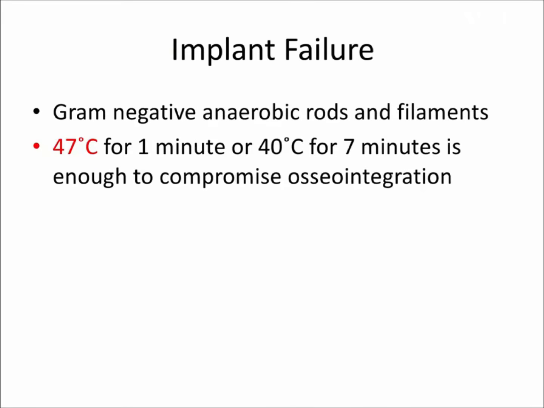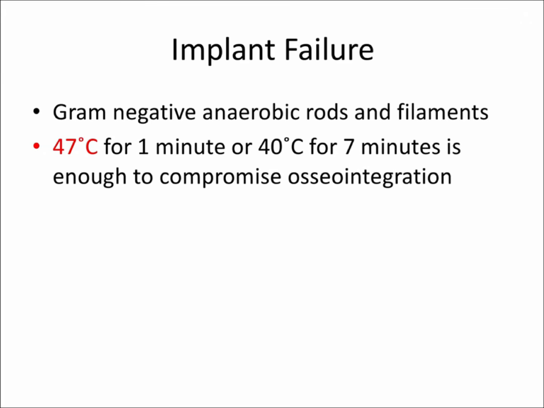So therefore, mobility, pain, radiolucency, and peri-implant bone loss would be all signs of implant failure. Gram-negative anaerobic rods and filaments are often associated with implant failure, peri-implantitis, those sorts of things. And one more important number for the board exam, 47 degrees Celsius for 1 minute or 40 degrees Celsius for 7 minutes is enough to compromise osseointegration.